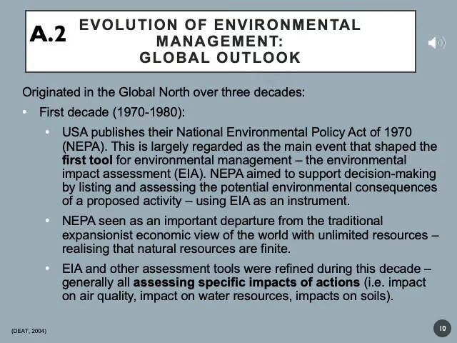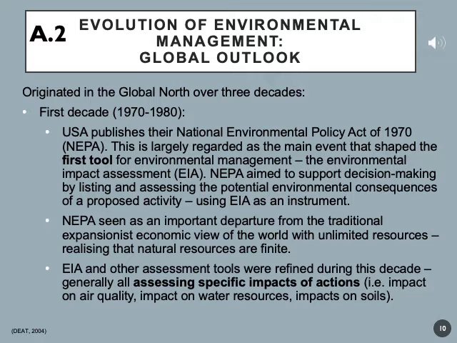When we look at how environmental management as a concept evolved globally, we cast our eye to the global north over 3 distinct decades. So during the first decade, from 1970 to 1980, it was initiated with the USA publishing their National Environmental Policy Act of 1970, so NEPA.